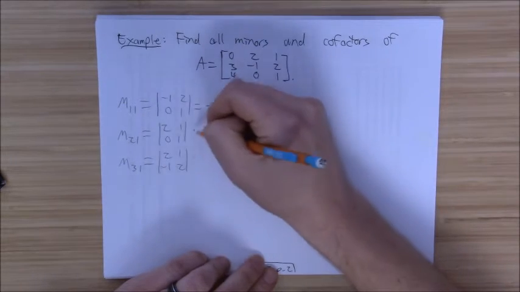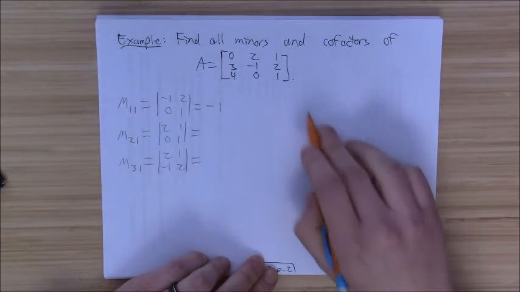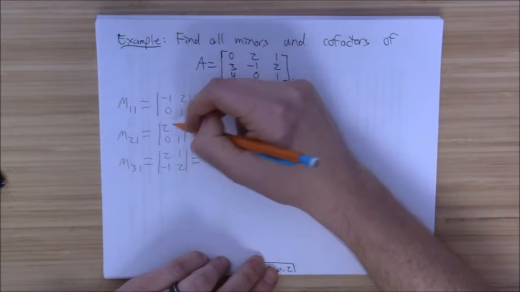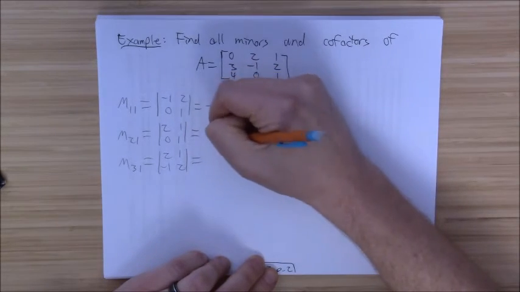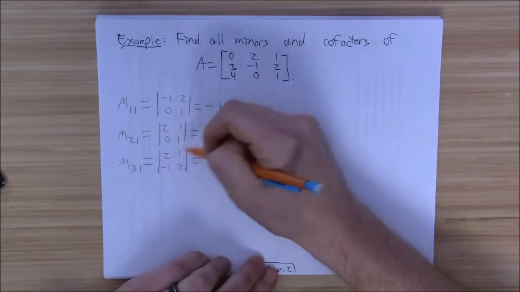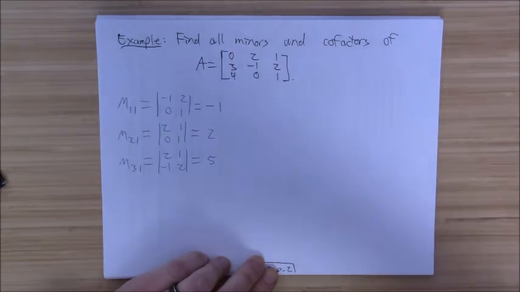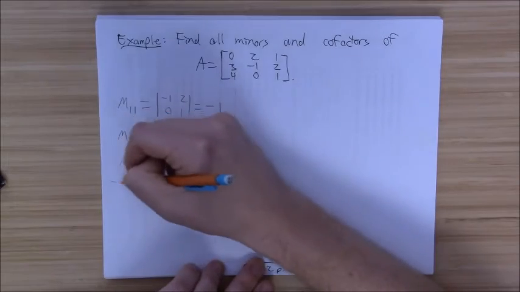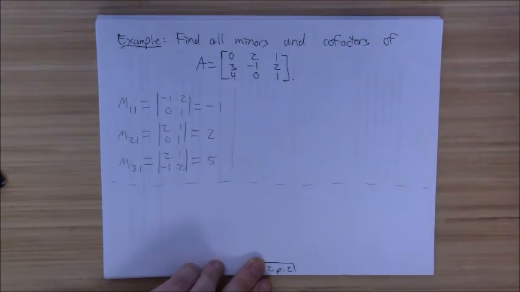This is nice because it shows you which determinants you're looking at. That determinant is going to be 2 minus 0, so 2. That's going to be 4 minus -1, so 5. And in a similar way, we can calculate all the others.